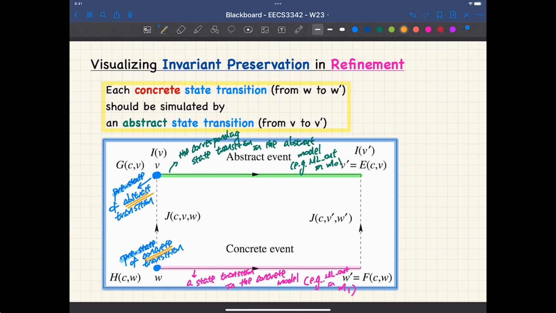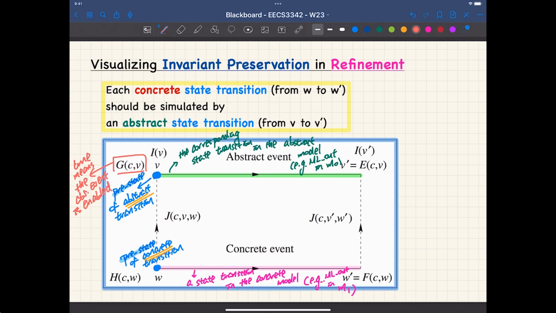And even more we can say about the pre-states. The fact that this abstract event can take place suggests that the event's guard, in this case G, must be true. Otherwise, it's not enabled, right? So that's why you see the G over here. So G being true means the abstract event is enabled.